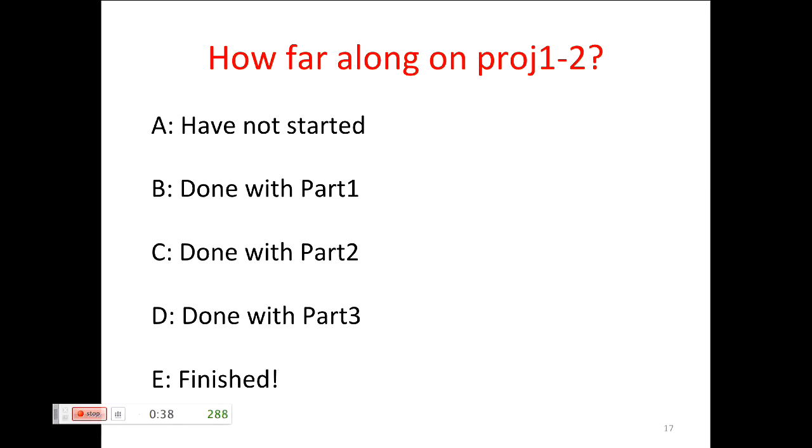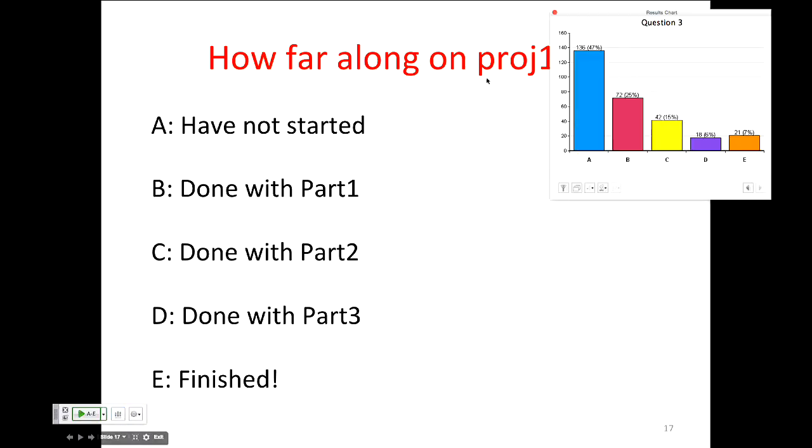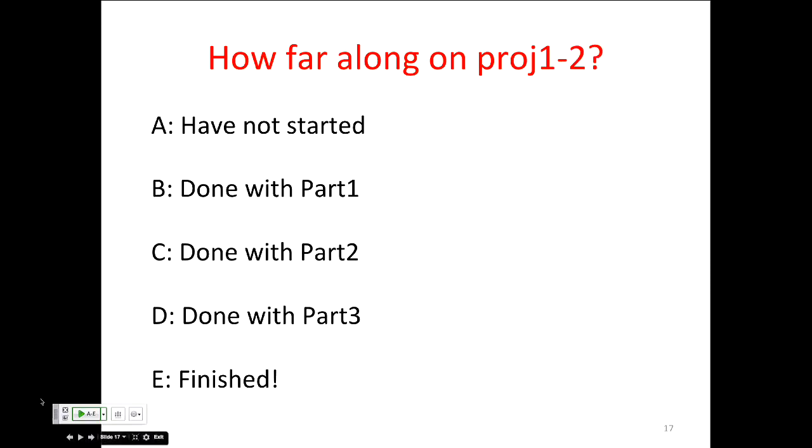Oh, come on. Almost there. Okay, I'm going to cut it off at 45. Let's take a look at how everyone's doing. Hopefully you all will get started as soon as lecture finishes, because it is due on Thursday. So get cracking.